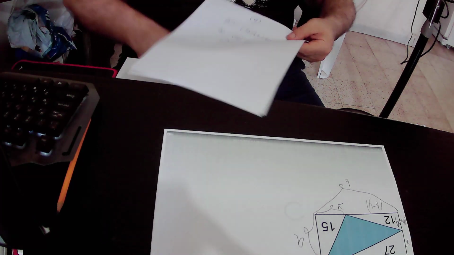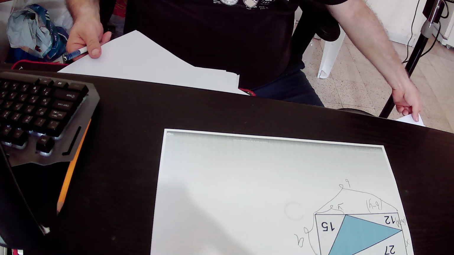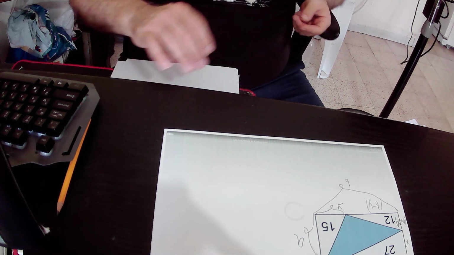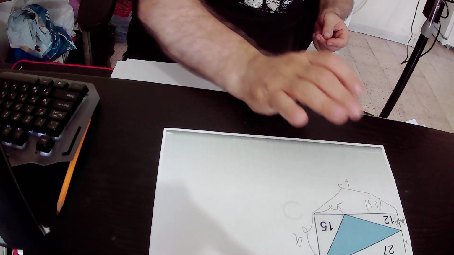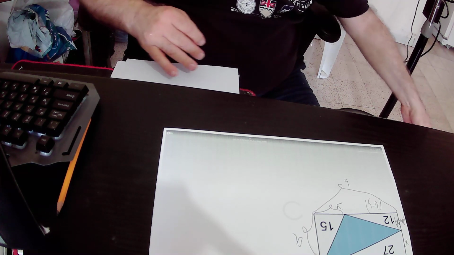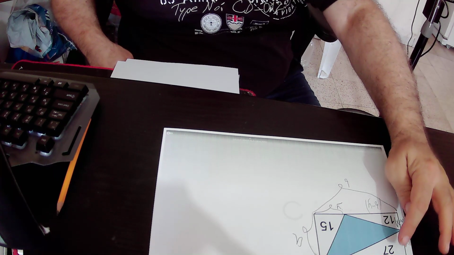So we'll summarize the lecture. We wanted to find out the area of the blue triangle, and we already knew the areas of those three right triangles.